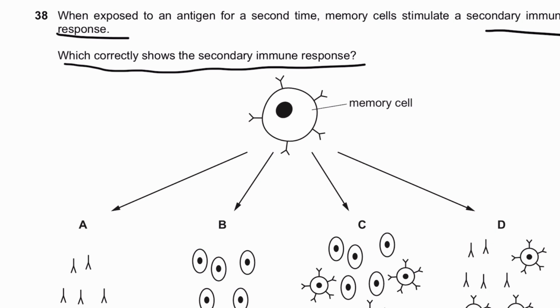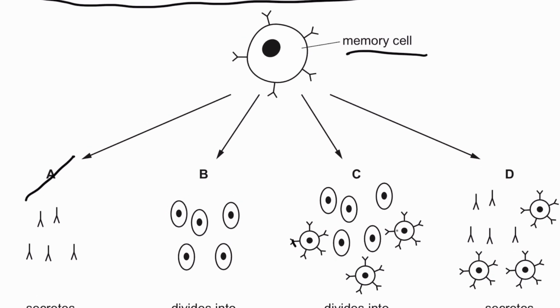So the memory cell is going to turn into antibodies. No. Is it going to turn into plasma cells? Well, let's divide into plasma cells and memory cells. Exactly. It's going to divide into memory cells and divide into plasma cells. That's C. Remember, antibodies are secreted by plasma cells, so there are no antibodies without plasma cells.